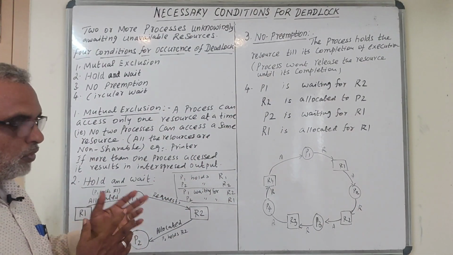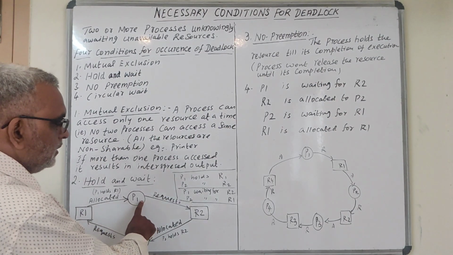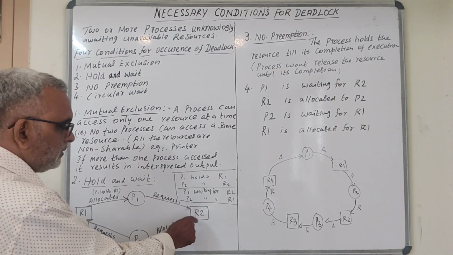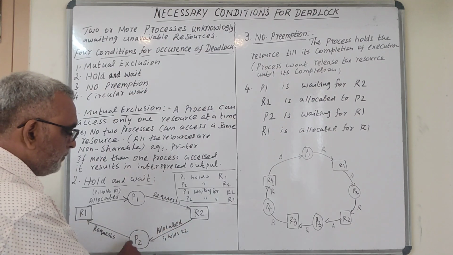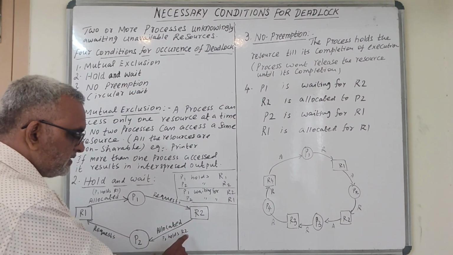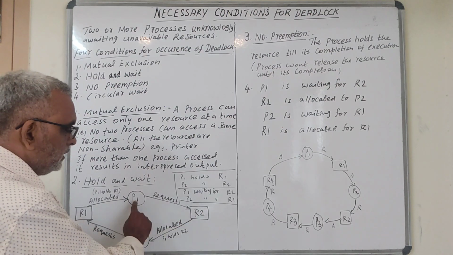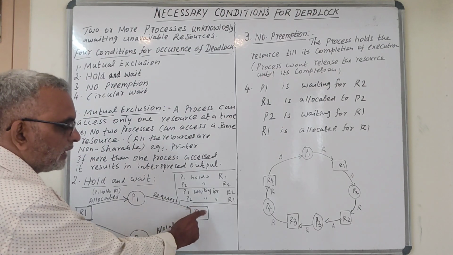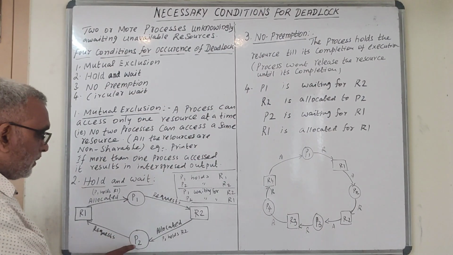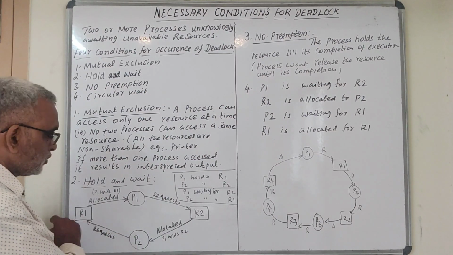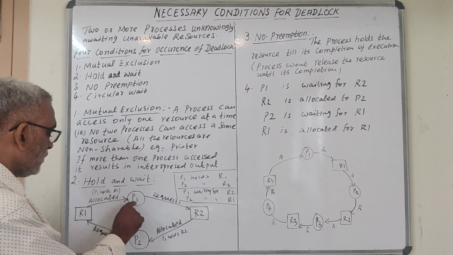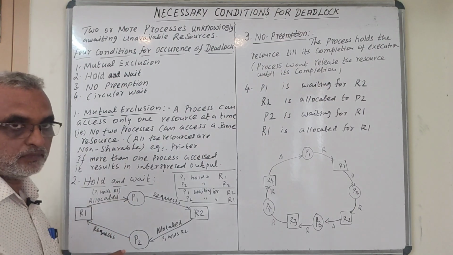So both of them are in hold and wait. P1 requests resource 2, but resource 2 is held by process 2. Only if process 2 releases resource 2 can process 1 use this resource 2. Similarly, process 2 needs resource 1, but process 1 holds this resource 1.